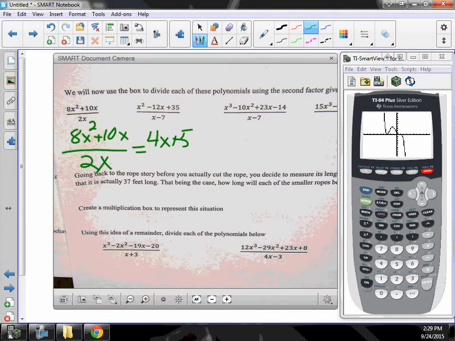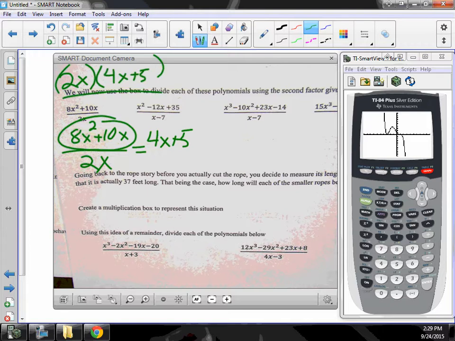So what you're saying essentially is this is 2x times 4x plus 5, and we're dividing it by 2x, and the 2x's cancel, and I'm left with 4x plus 5, right? Okay, so let's do the next one.